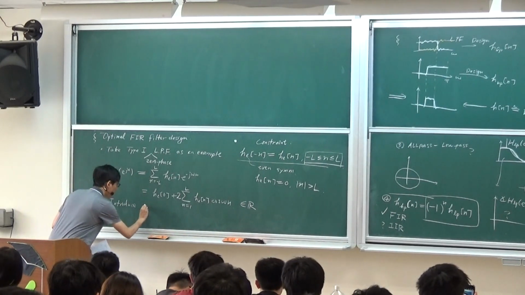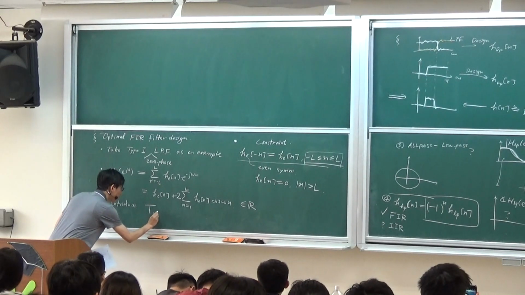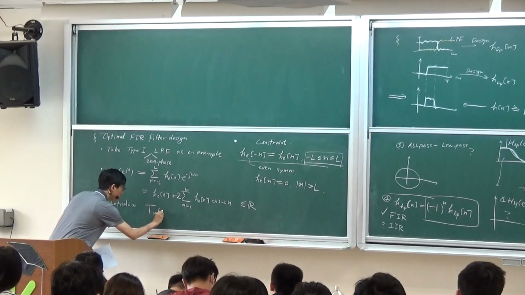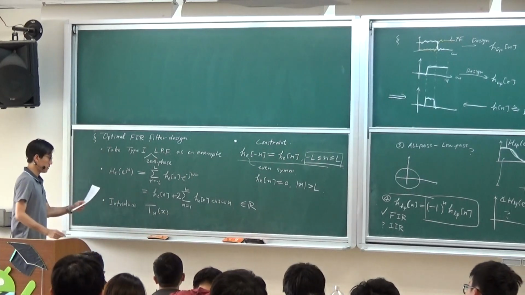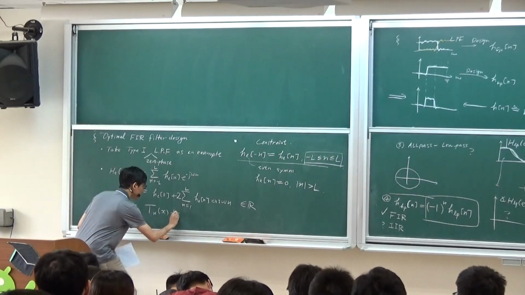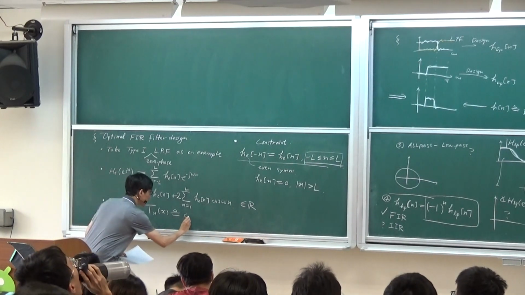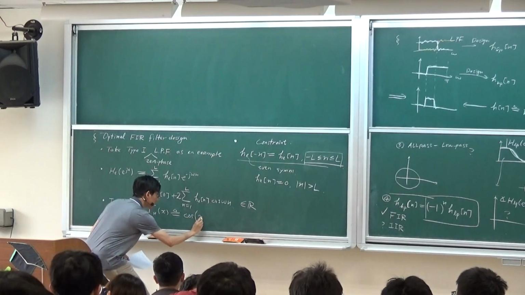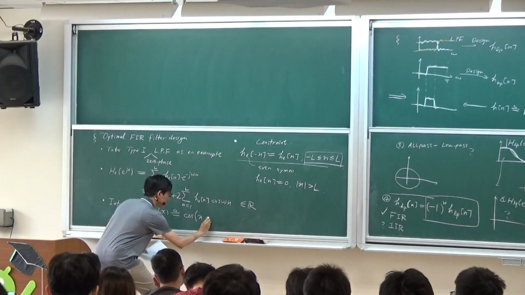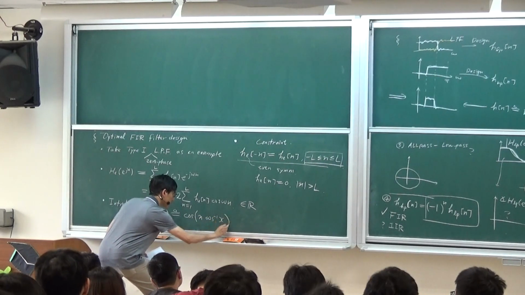So the definition: the nth order Chebyshev polynomial as a function of x is defined as, this is kind of strange, cosine of n times arccosine x.